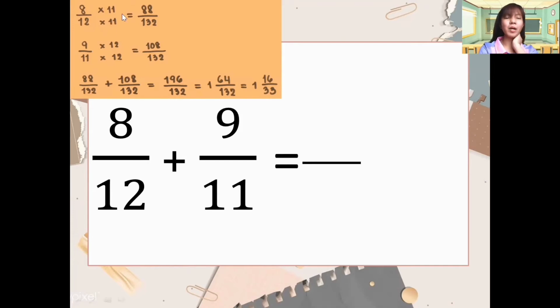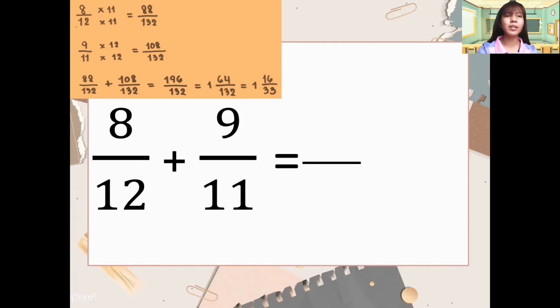So this time, the same as the previous one, we need to change each of them because there is no number that can multiply to the smaller denominator that could make it 12, right? So that's why we need to change both fractions.